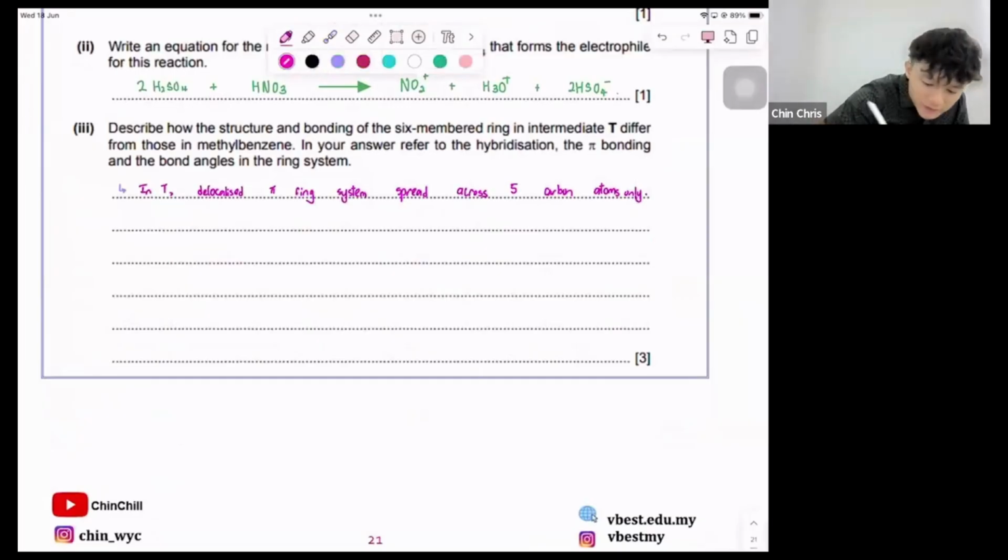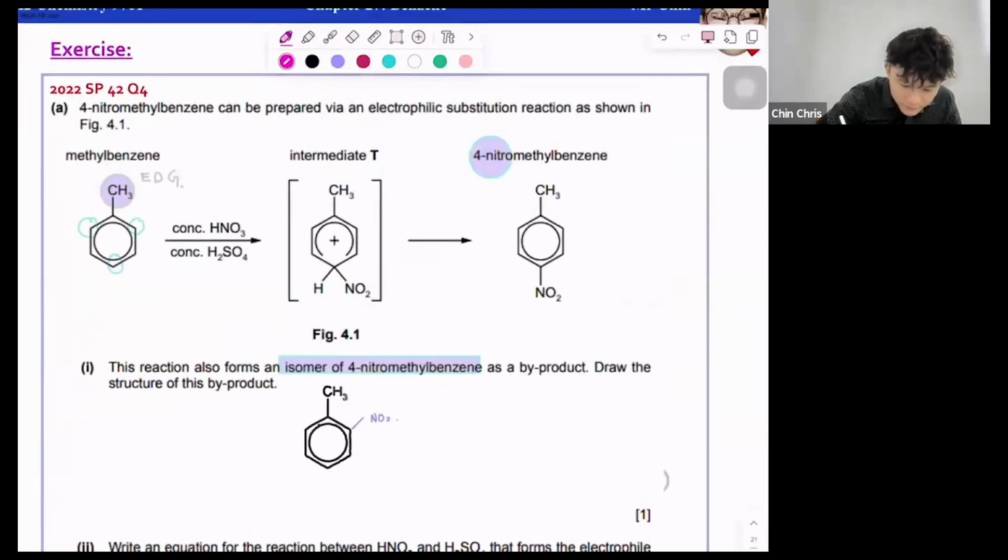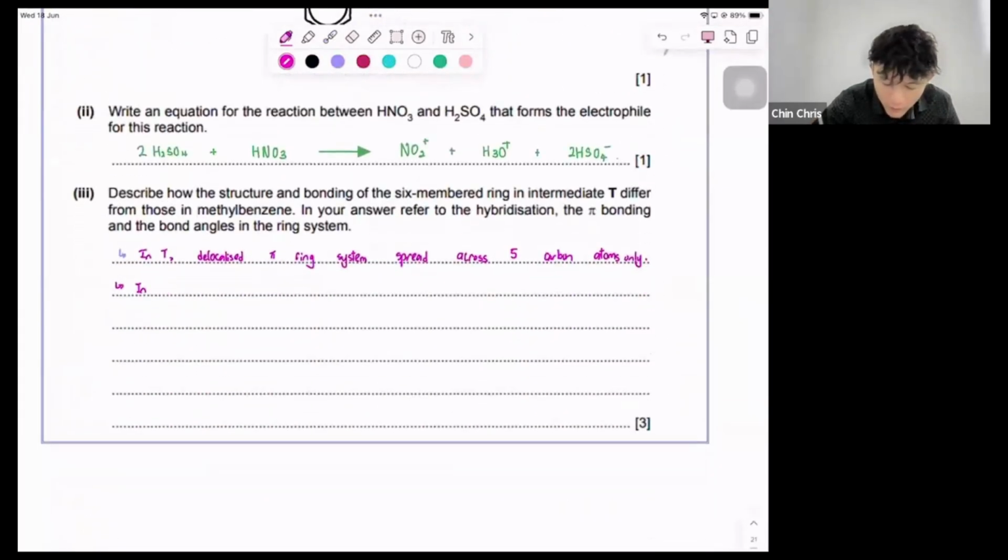So I can talk about methylbenzene first. In methylbenzene, I can mention that the delocalized pi ring system is made up of carbon with what hybridization state?